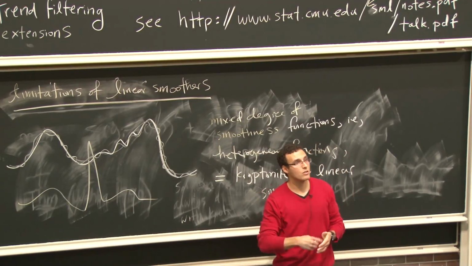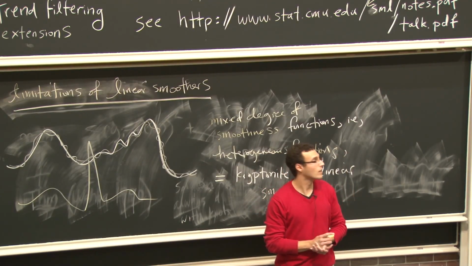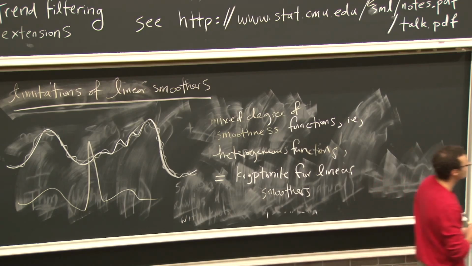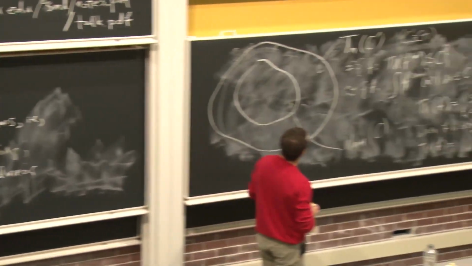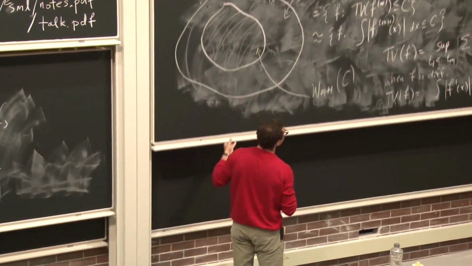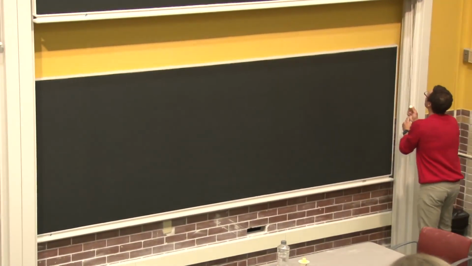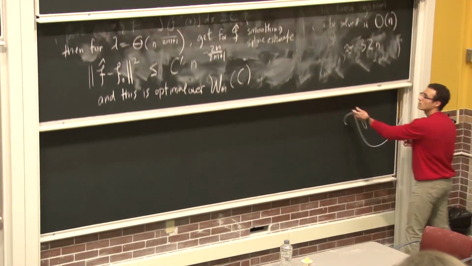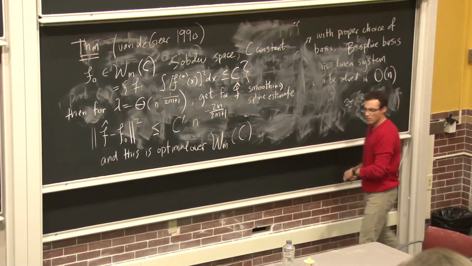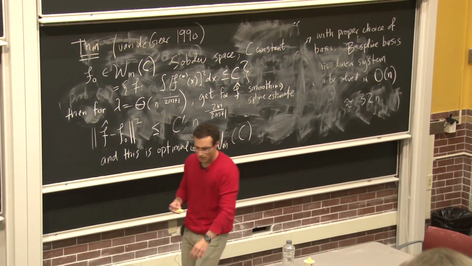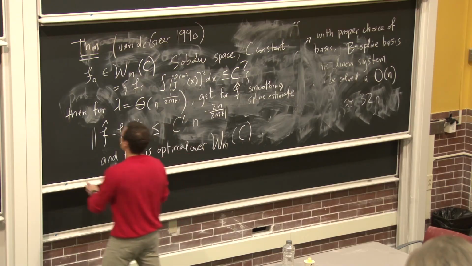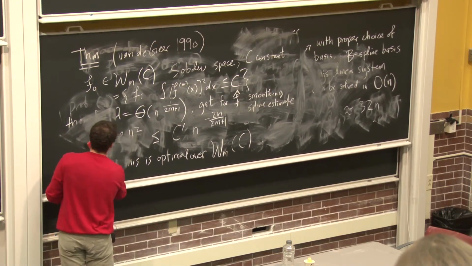So it's bigger, and it allows our functions to have spikes. They're not uniformly smooth. And so Donoho and Johnstone's theorem, let me state it for you. And then I'll explain the two saviors, which are locally adaptive regression splines and trend filtering.